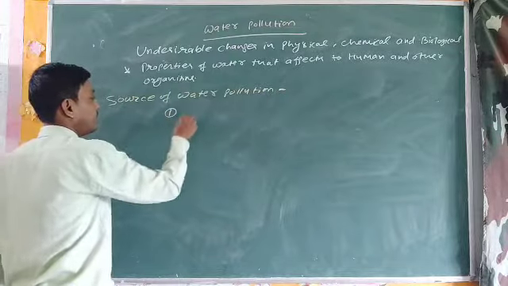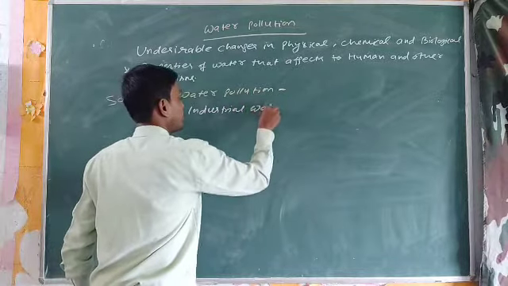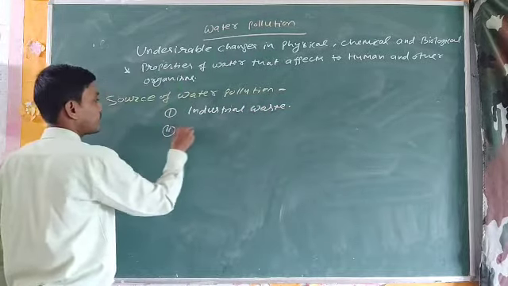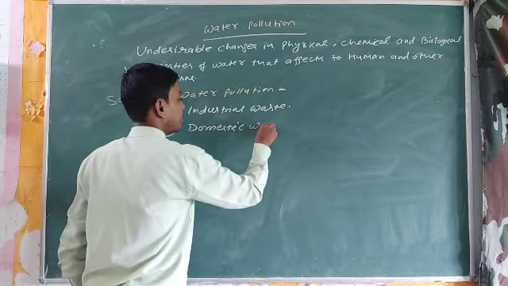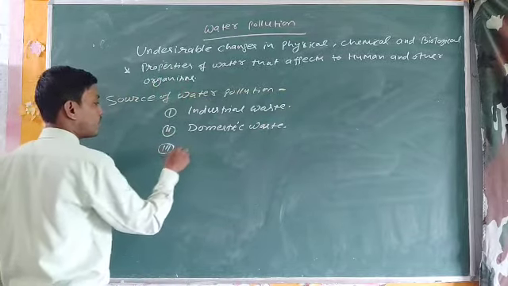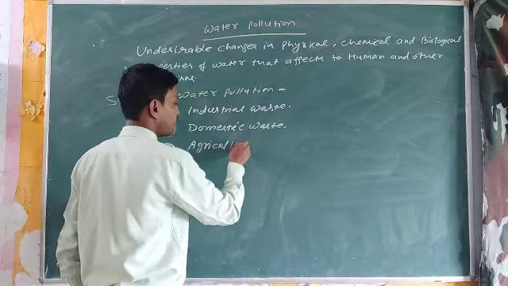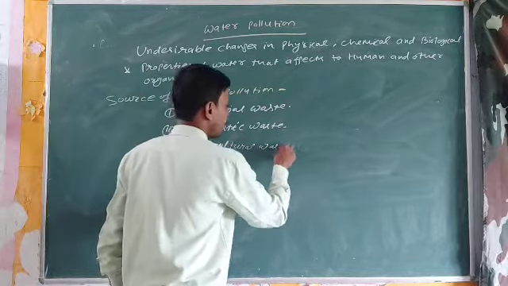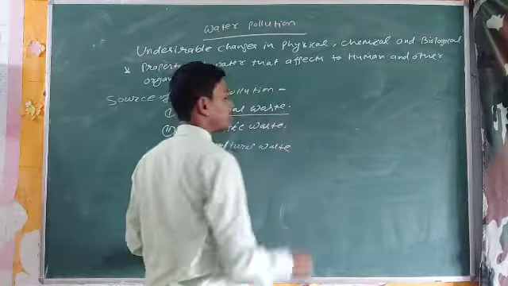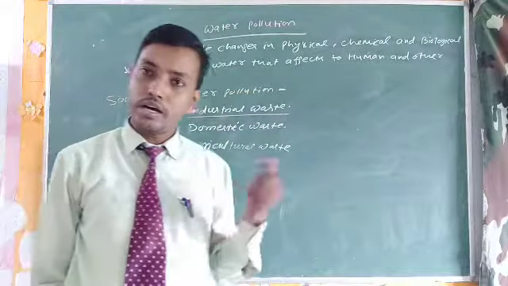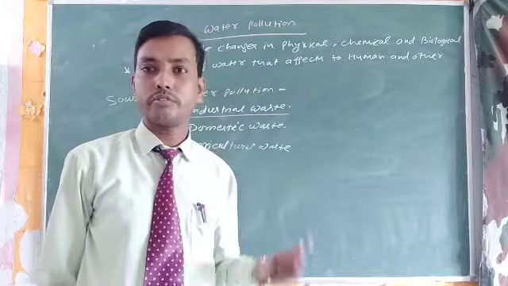Actually the industrial waste, domestic waste, and agricultural waste are the three kinds of source of water pollution. Industrial waste directly discharges the pollutants to the river, or any kind of lake or pond, and the water of the lake, pond or river gets affected.